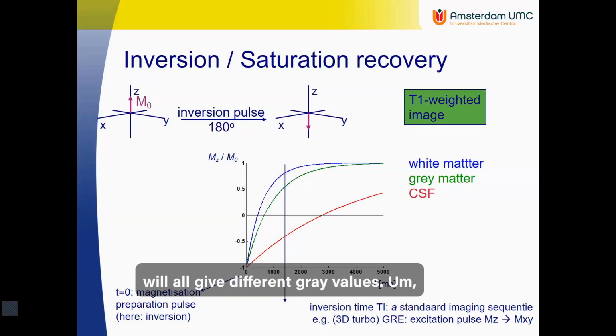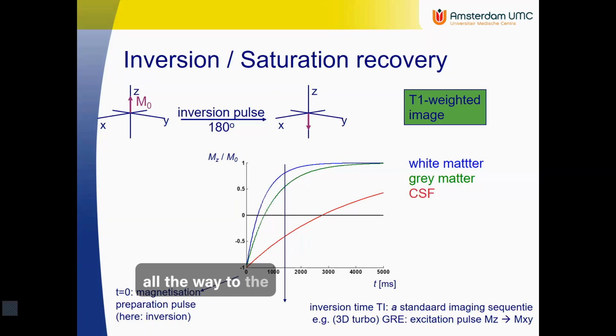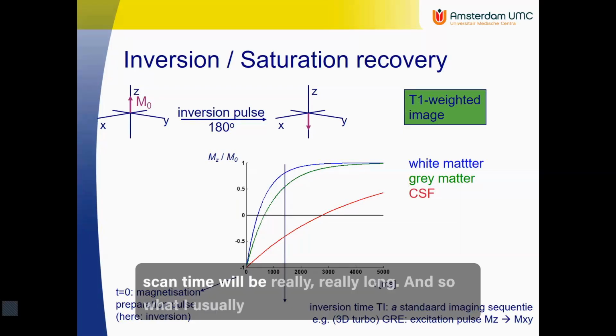And in this case, obviously, I get a T1 weighted image. If I do this repetitively and wait for the signal to recover all the way to equilibrium state and do it again, my scan time will be really, really long.